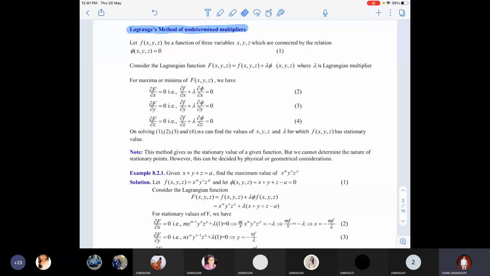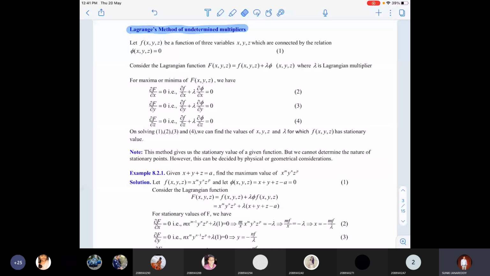Okay. Yesterday we discussed minima and maxima of functions of two variables. Today we will discuss minima and maxima for functions of three variables. How to find minima and maxima for functions of three variables?